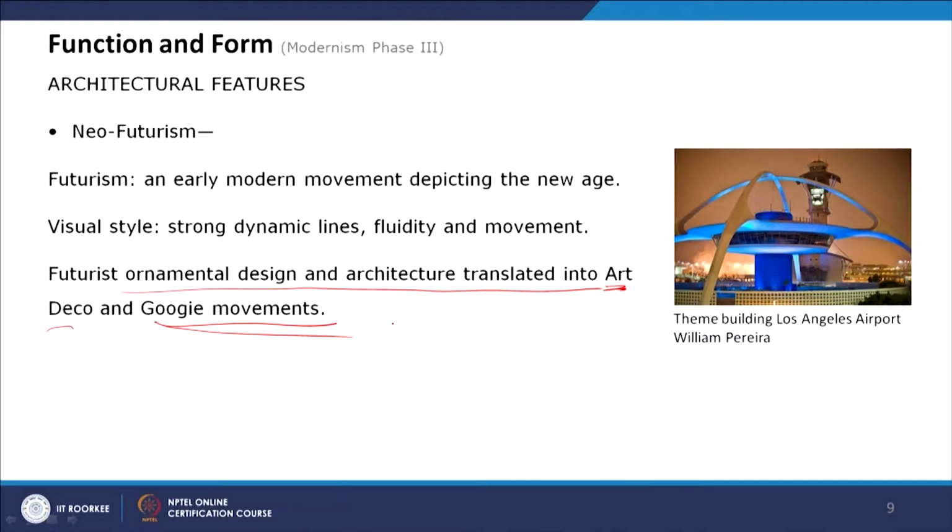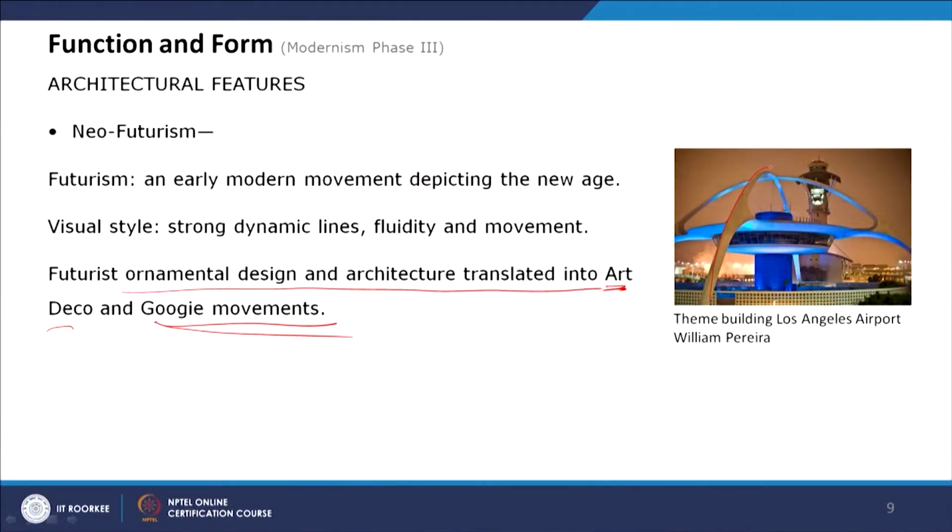Later, from Art Deco, there was a Guggenheim movement where there were more different colors, and curvilinear forms were added. This is one example of the Guggenheim movement, the Theme Building of Los Angeles International Airport by William Pereira. Here also there is a lot of similarity with Calatrava's and Eero Saarinen's structures.